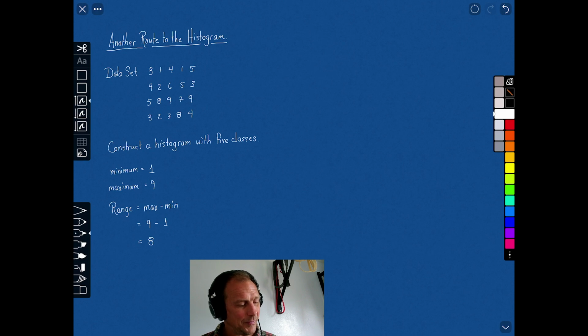Now we need to calculate the class width. So here's what we do. We take the range and we divide it by the number of classes.